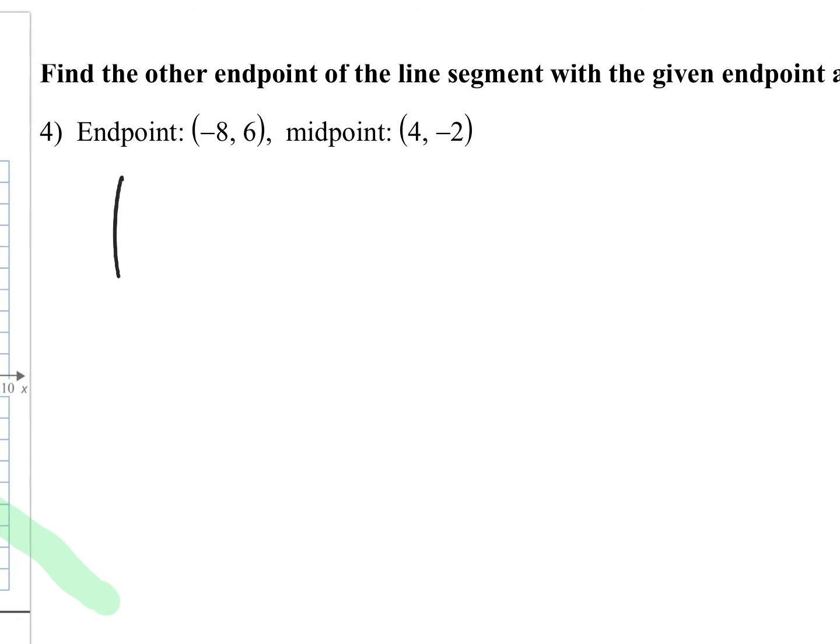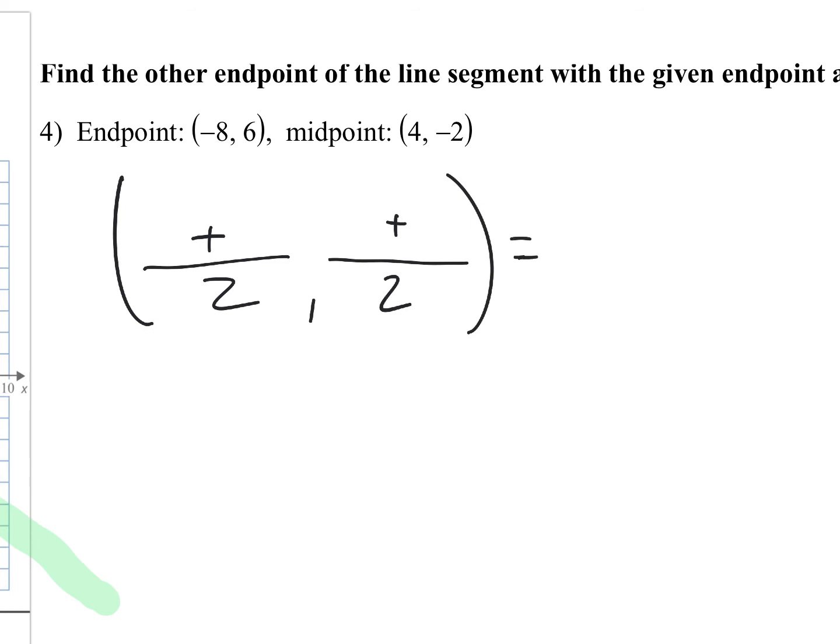So like in question number 3, I like to set it up this way so I don't get confused, so I stay focused, so I know where everything is supposed to go. And I know in this case, unlike in the previous example, we've got the midpoint, which is 4, -2. Great. And what else do we know? We know one endpoint.